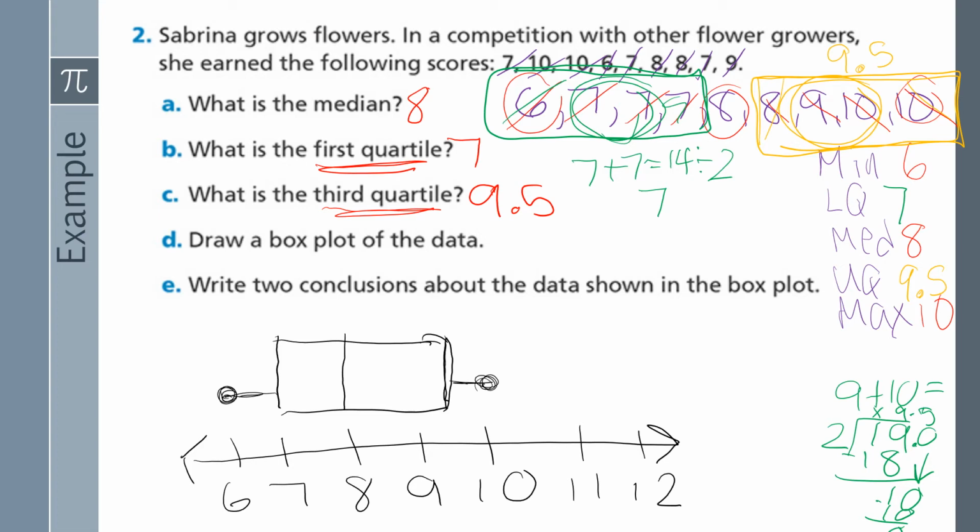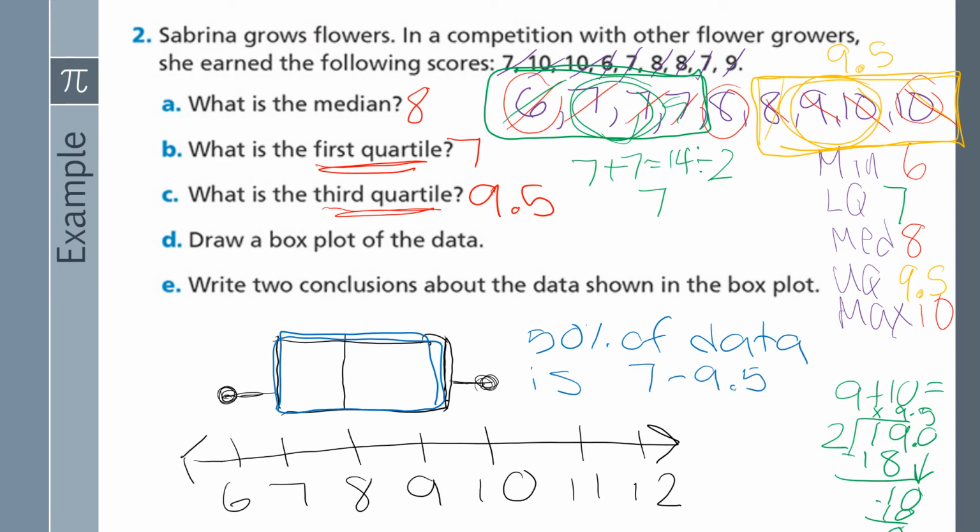And then it says write 2 conclusions about the data shown in the box. So you could say something like, I know 50% of my data is between 7 and 9.5. That's something we could take. We could even do something like 25% of the data is less than 7.